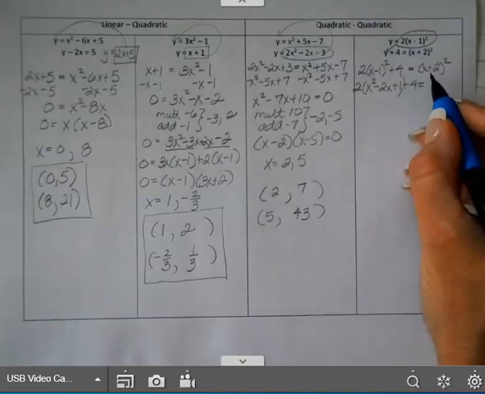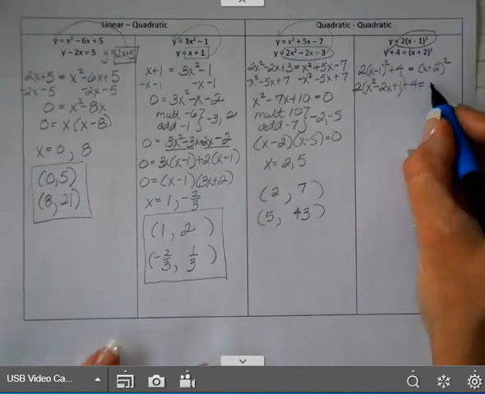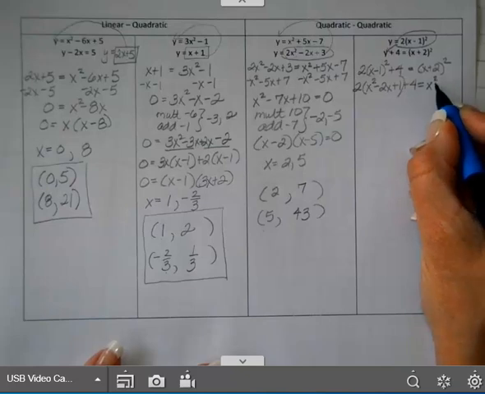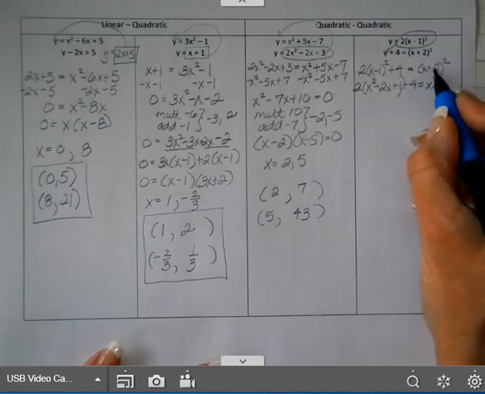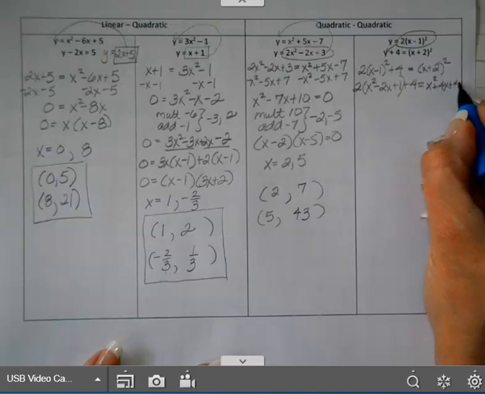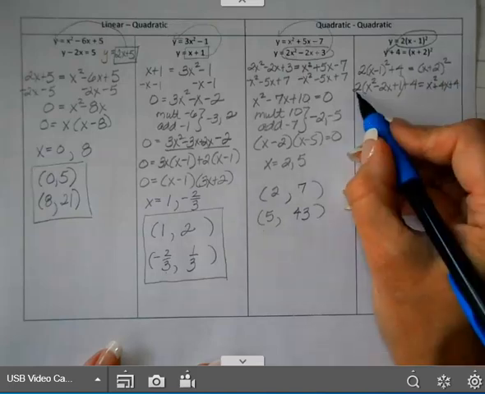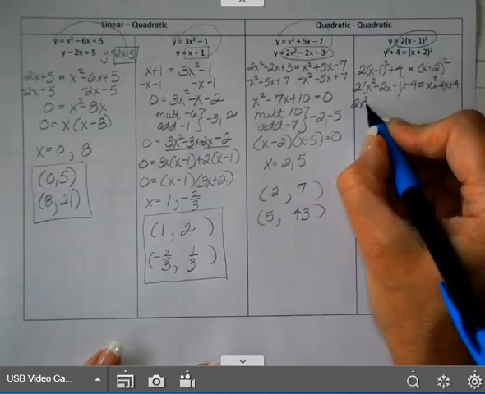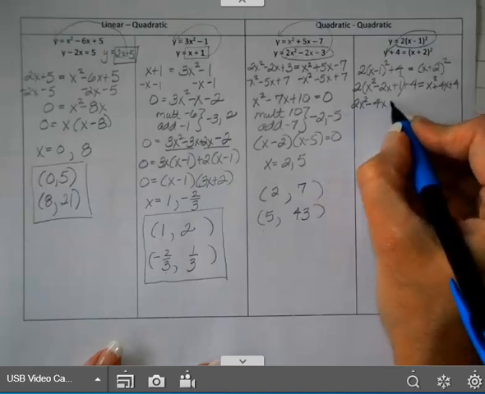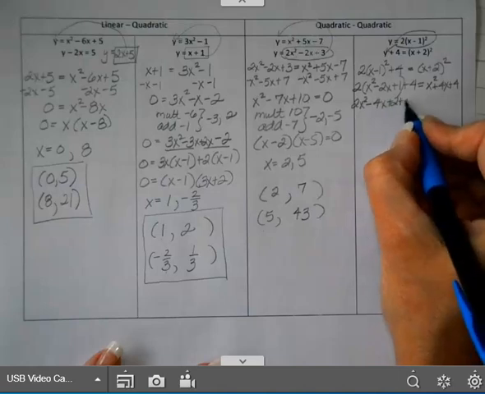On the other side, I'm going to use square, double, square as well. So x squared, multiply the first and last together and double it. So that's 2x times 2. That gives me 4x. And then square the last term, so I get plus 4. Distribute the 2. So this is 2x squared minus 4x plus 2 plus 4.